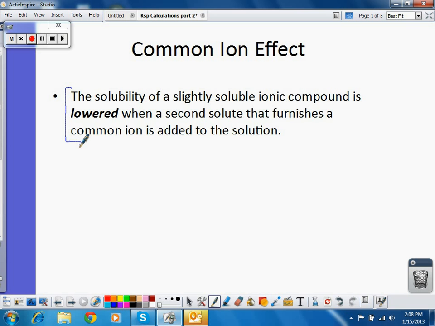So what that means is, if I have, let's say copper bromide, and I want to figure out how much of it will dissolve in water.